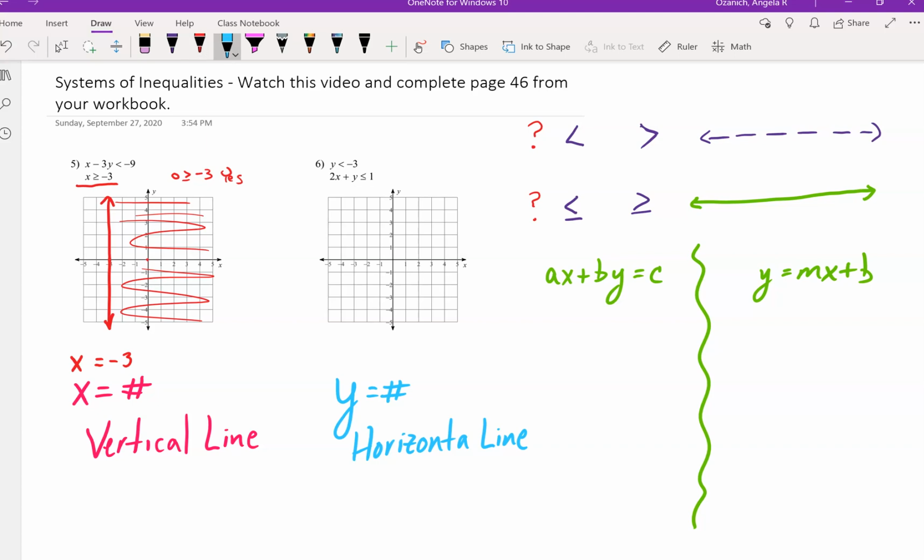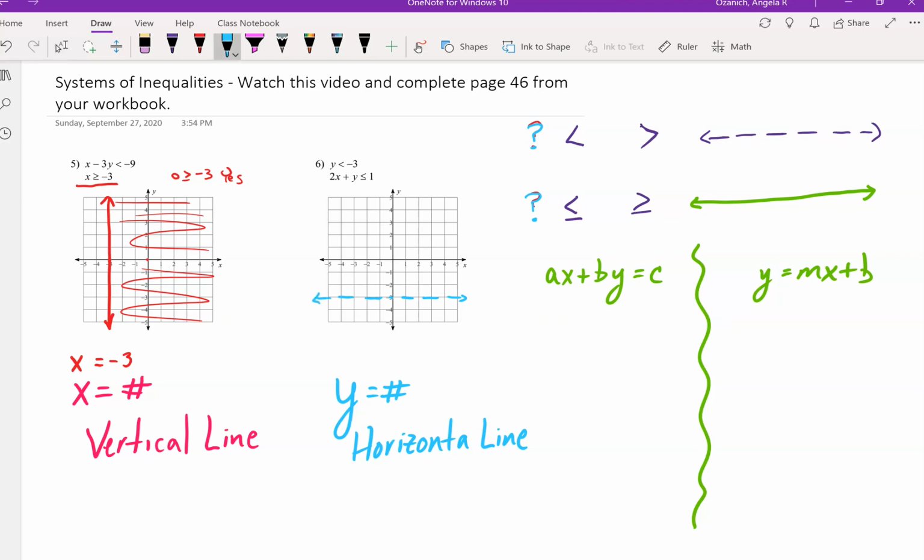Let's try a y equals. In this problem, they've used -3 again, but this time they have just a strictly less than. So you're asking yourself again, is it strictly less than or is it less than or equal to? Because it is strictly less than, we're going to draw a dashed horizontal line through -3, just like that.